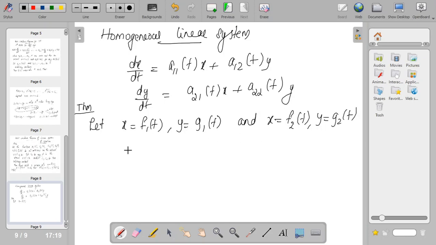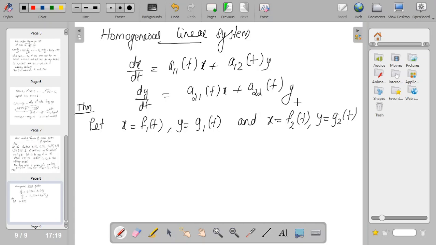So here I have taken two pairs. The first pair is f1 g1, and the second pair is f2 g2. The speciality of these two pairs is that the pair f1 g1 will satisfy this equation, and f2 g2 will satisfy the given homogeneous linear system of equations.